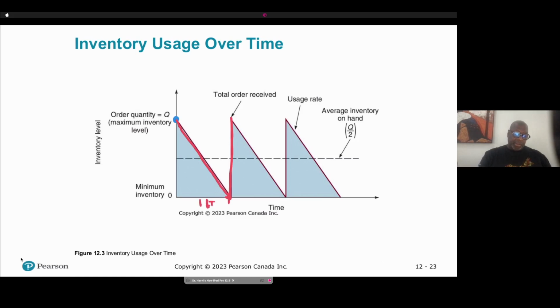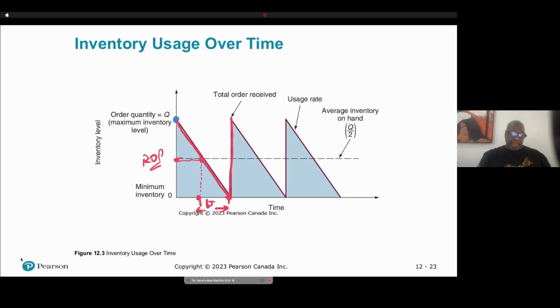So if the lead time, LT, is this period right here, between here and here, it would mean that you place your order right here. We call that the reorder point. Because when the inventory gets to the reorder point level, you place the order and it will arrive in this period right here.